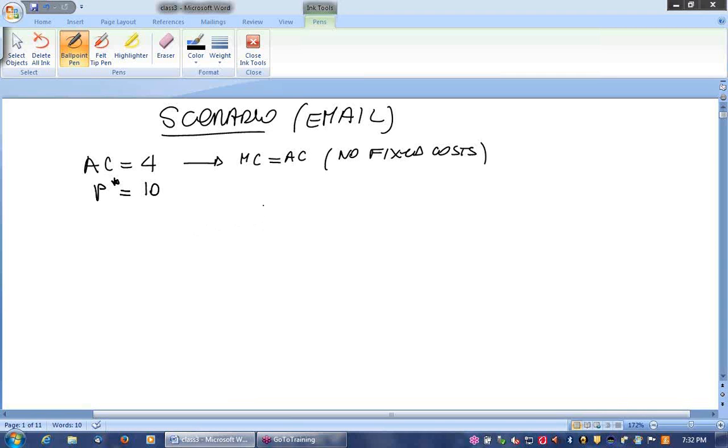So from this information we can already draw our graph. So we have the demand curve. We have the marginal cost equal to the average cost, and this is equal to 4. And then we know that the optimal price is 10.